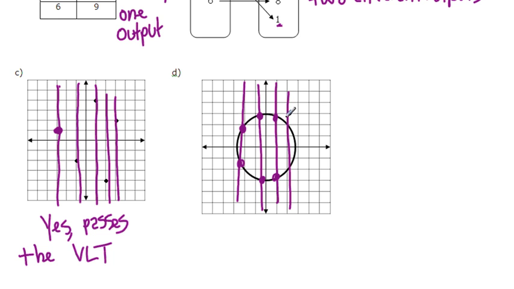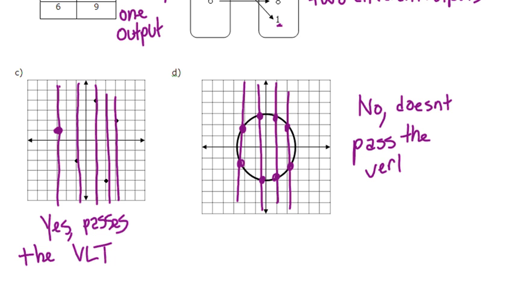It's hitting it in two spots. So this is not a function. And it's not a function because it does not pass the vertical line test. And again, you could have shortened that to the VLT.